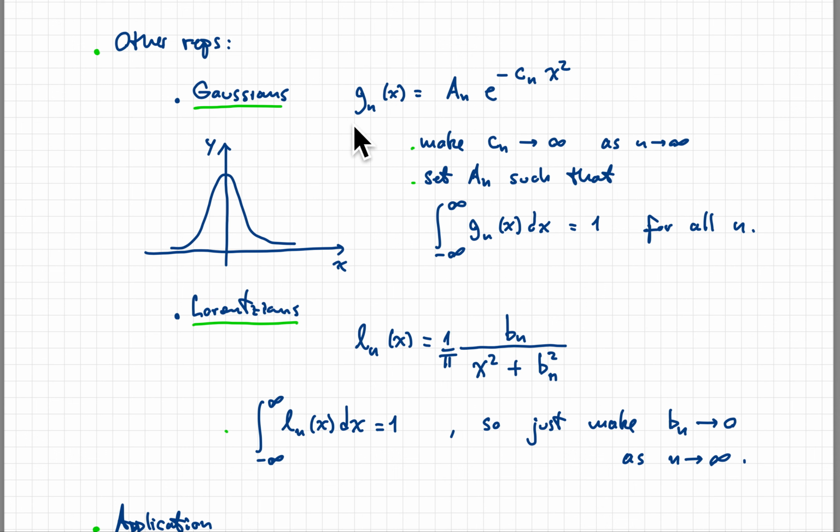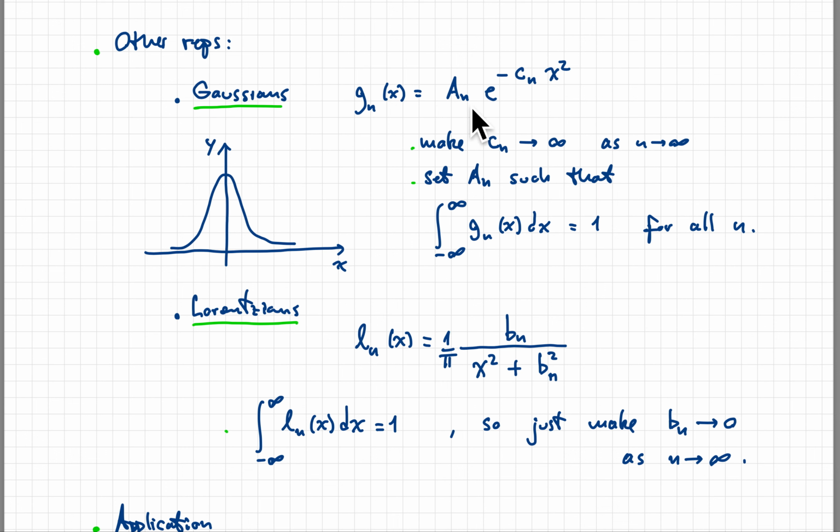For the case of Gaussians, there would be a prefactor here, a normalization factor a_n, and a decay factor C_n, and then it goes quadratically with x. So when x goes to infinity, and minus infinity as well, this decays. If you make C_n go to infinity as n goes to infinity, then the decay is very abrupt, and it goes to 0 very, very quickly when C_n is made very large.